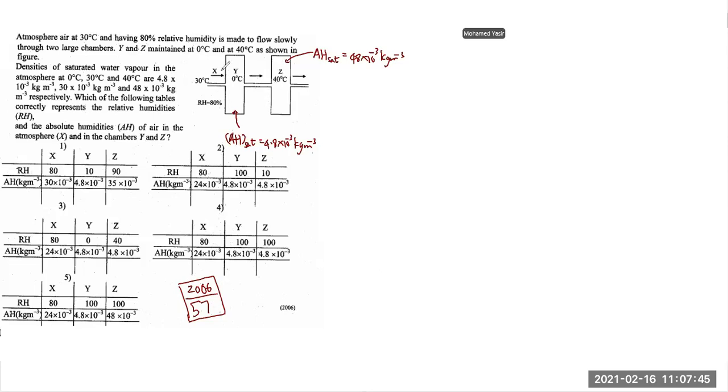Okay, right. So we have to see what's going on. Now, this is the idea of this question. Imagine now this is at 4.8 in the table. If you send 3 into 10 to the power minus 3 kilogram per meter cube water vapor or air, then no problem, nothing will happen because it can have a maximum of, so I will just say, maximum amount of water vapor which can be contained by the chamber.